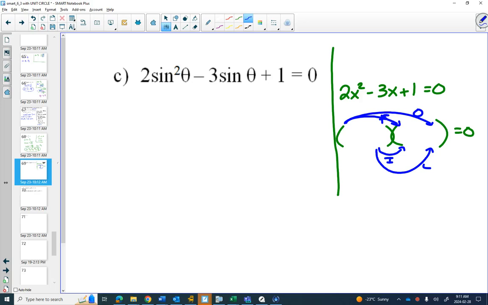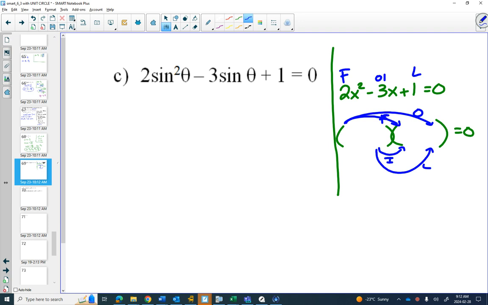Now, this is actually very useful in factoring because whatever your first ones are have to give you your first one, and whatever your last ones are have to give you your last ones. The outside and the inside are going to get combined to that middle number.